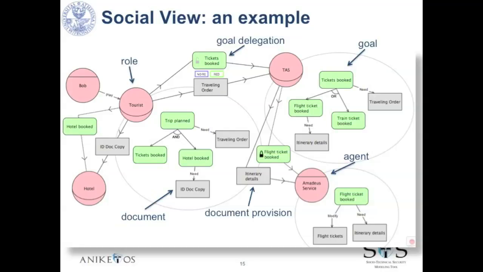We express the different needs, modify and produce relations between documents and actors when achieving their goals, and also the provision of documents such as provision of traveling order from the tourist to TAS, or the itinerary details from TAS to the Amadeus service.